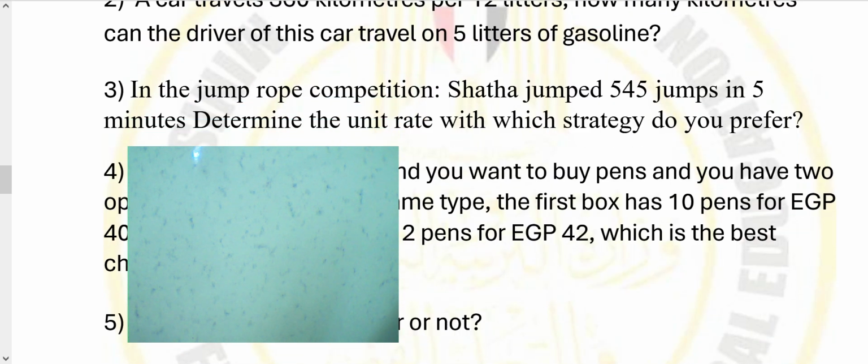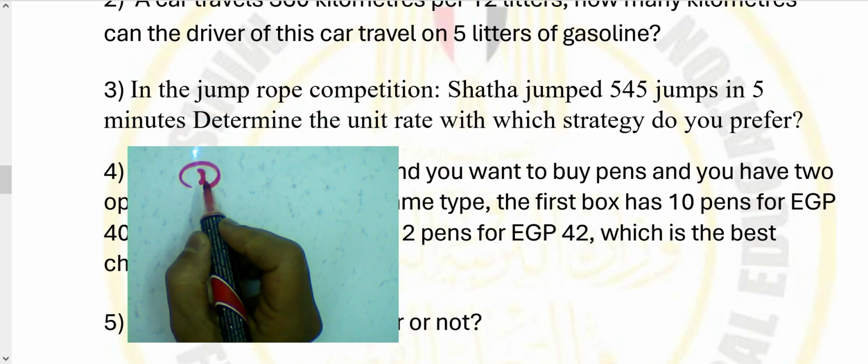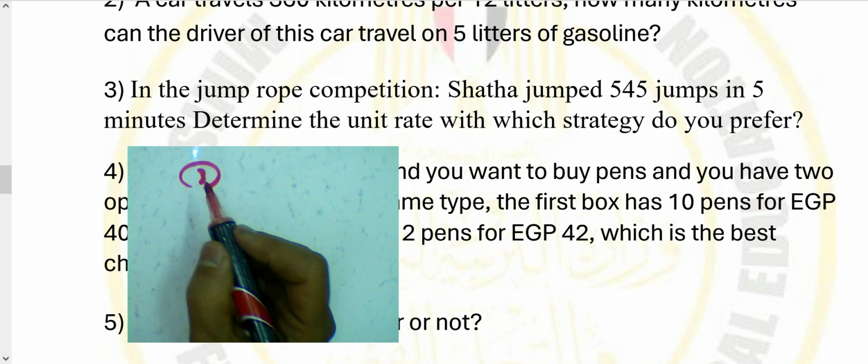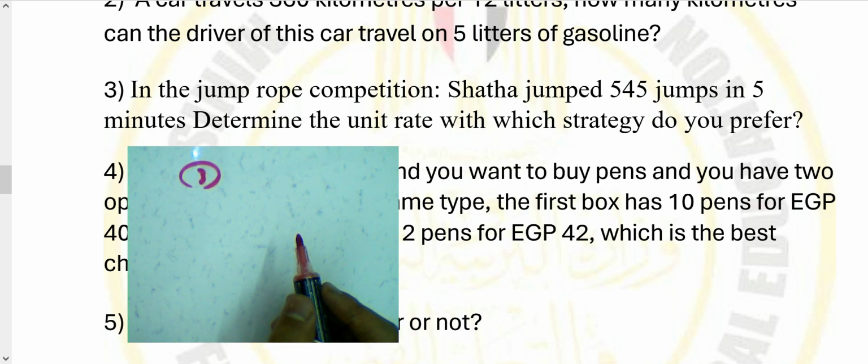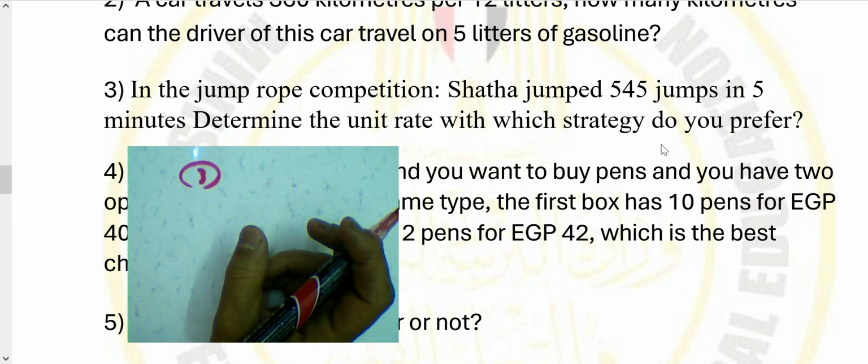Next question, question number 3. In the jump rope competition, Shaza jumped 545 jumps in 5 minutes. Determine the unit rate. Which strategy do you prefer? Okay, we need to find the unit rate.